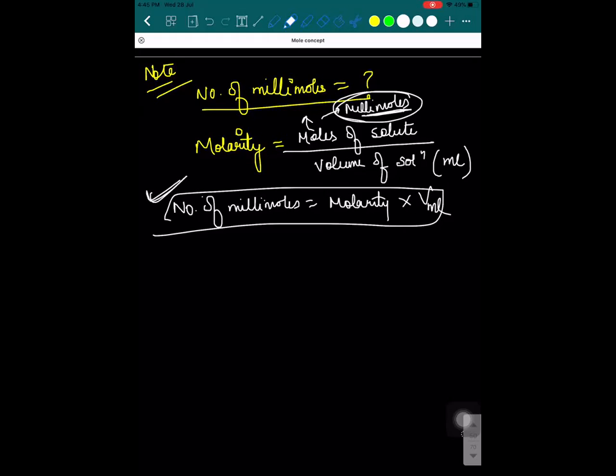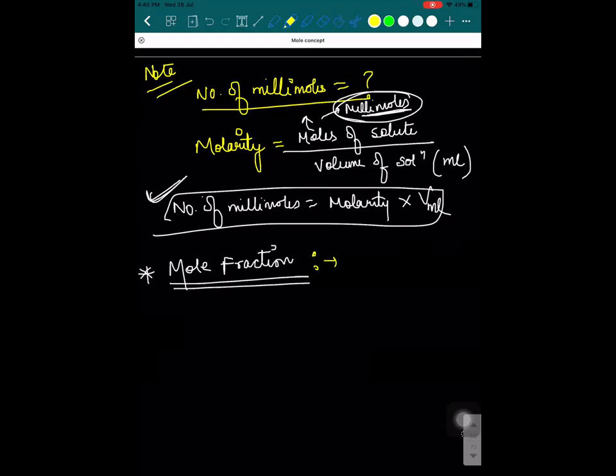The next concentration term which we are having is the mole fraction. Mole fraction is what?